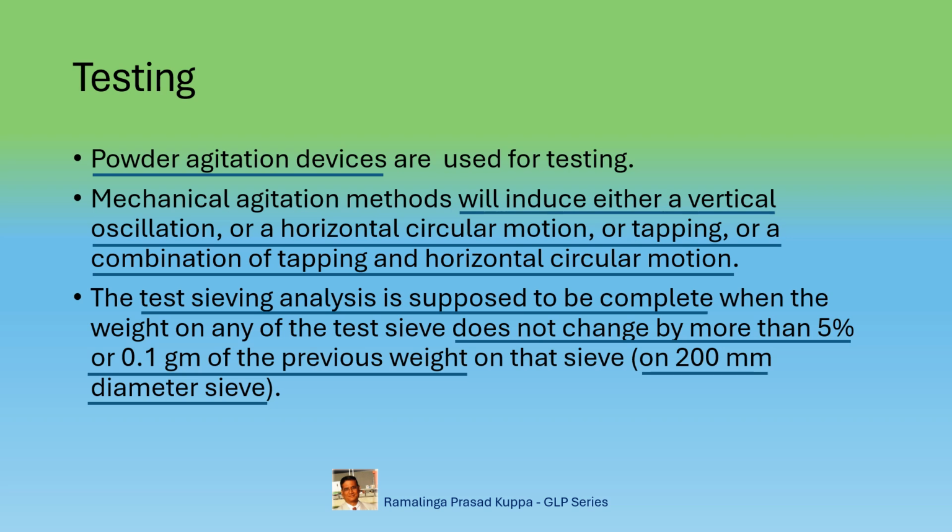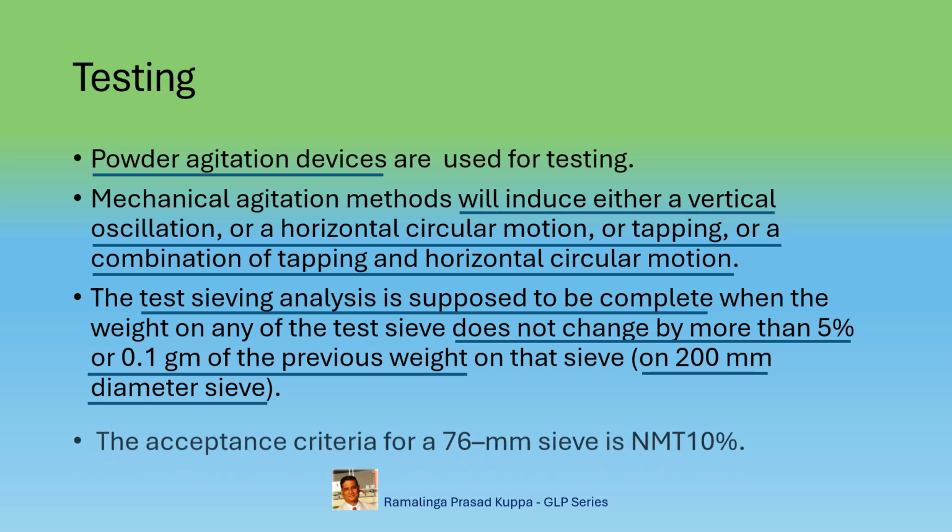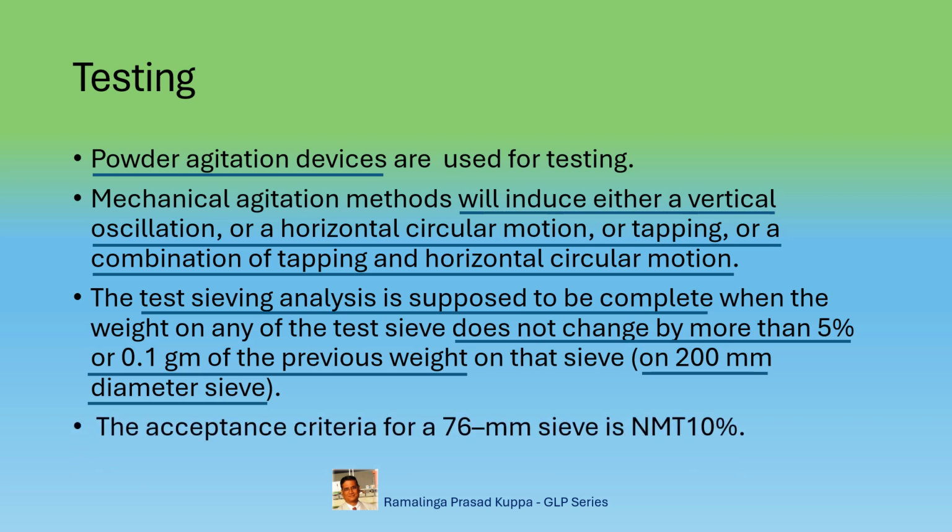This is on 200 mm sieve. The acceptance criteria for a 76 mm sieve is not more than 10%. For smaller sieve, the value is not more than 10% calculated in the same way as explained above.